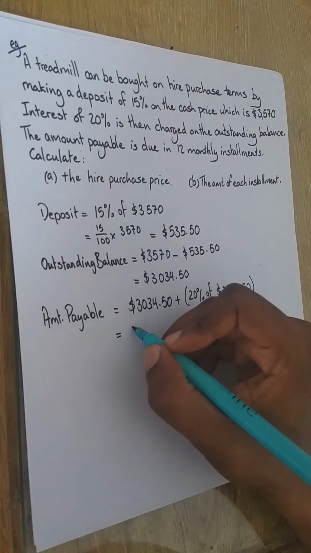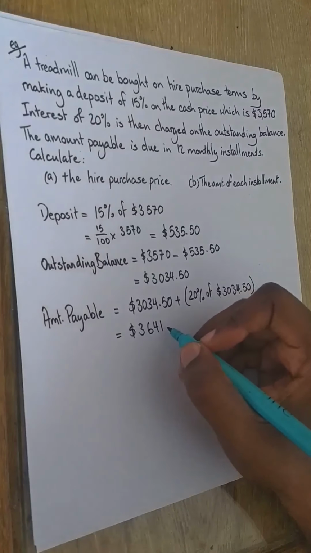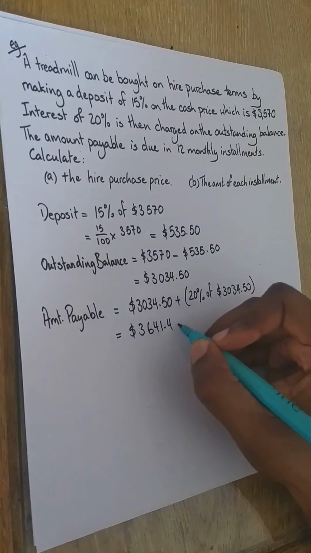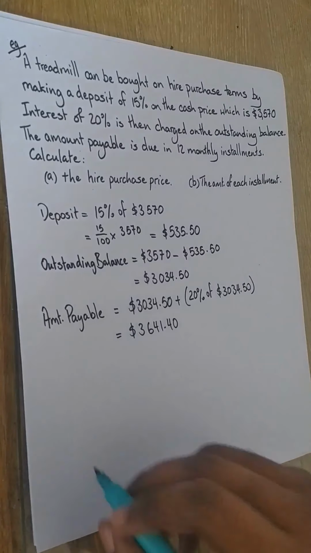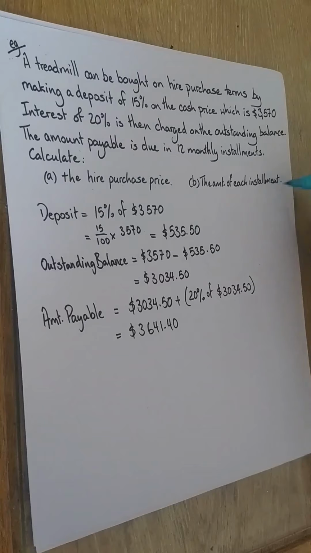Altogether, that gives you an amount payable of $3,641.40. This amount payable we'll come back to in part B.